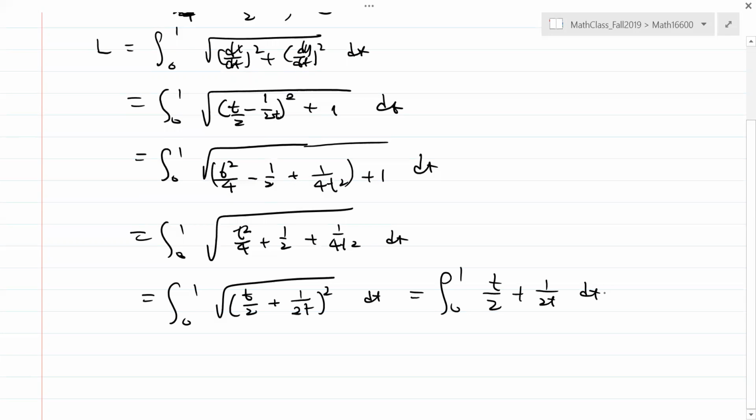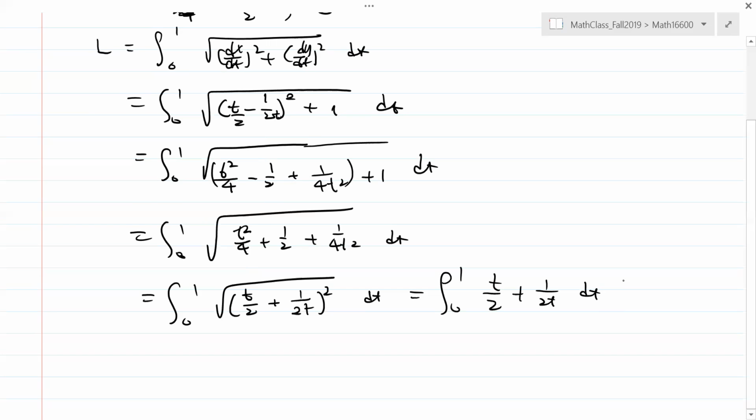Now this one, if I do not change the interval for this problem, it has infinite length. The length is infinite. If I change the interval from 1 to 2, then it's finite, because 1 over t approaches infinity when t approaches 0.